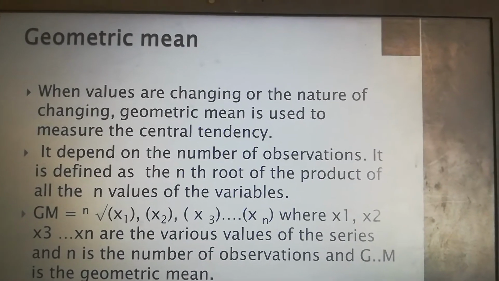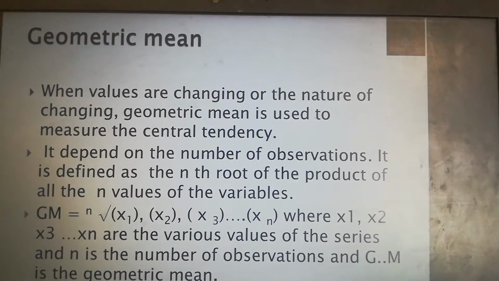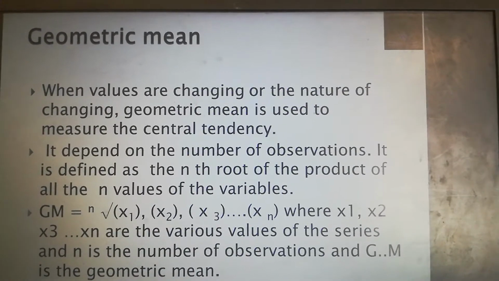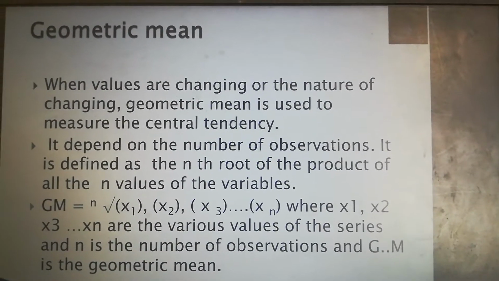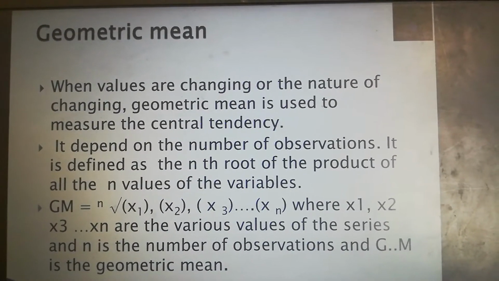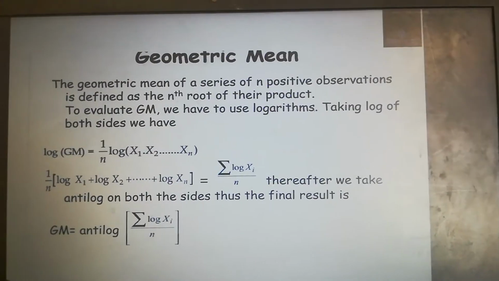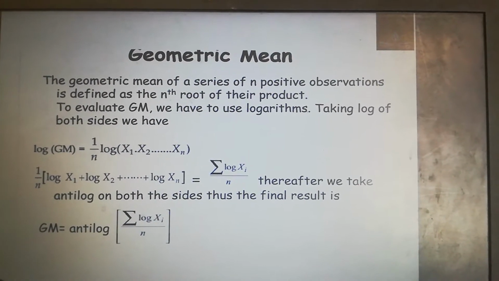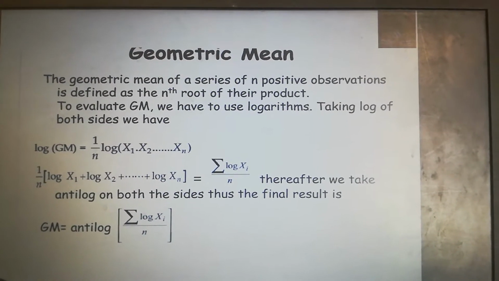The formula is GM equals the nth root of x1 times x2 times x3 up to xn, where the x's are the values of the series, n is the number of observations and GM is the geometric mean. The geometric mean of a series of n positive observations is defined as the nth root of their product.